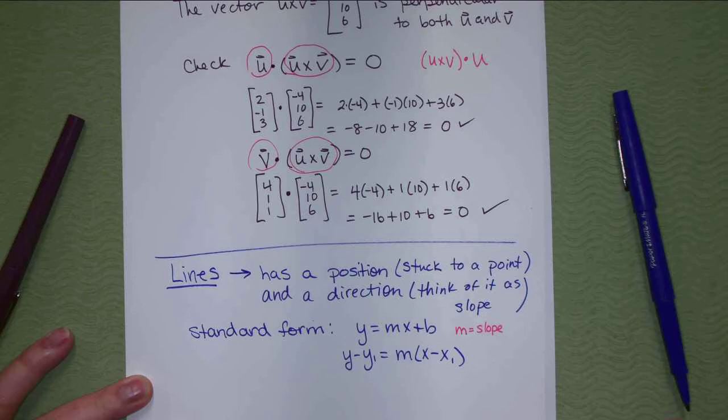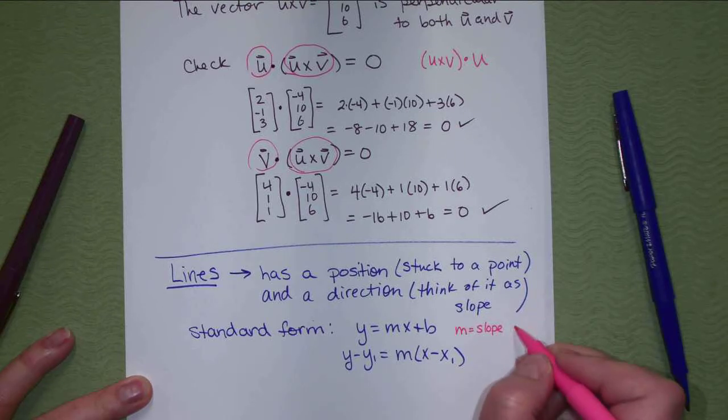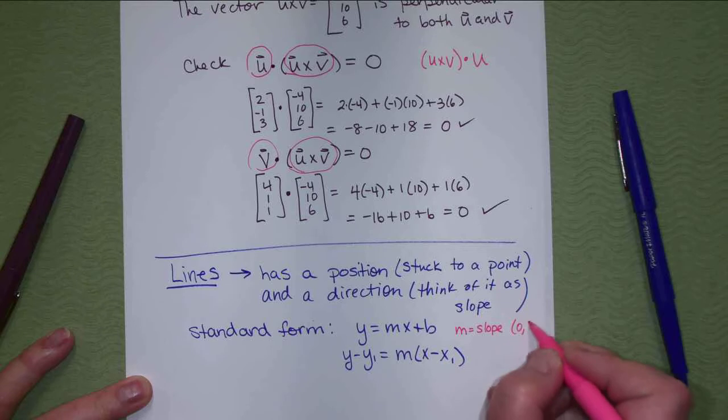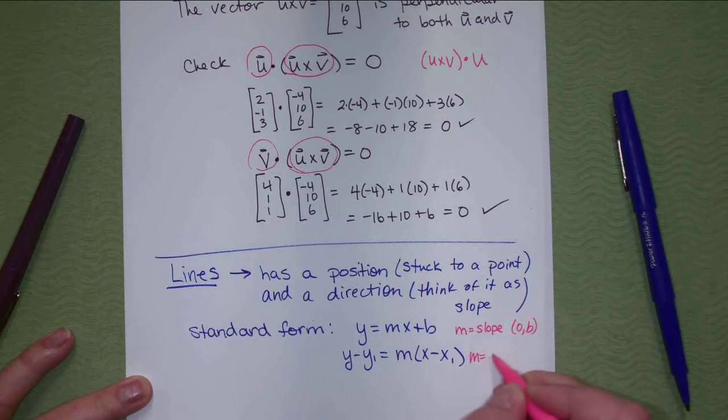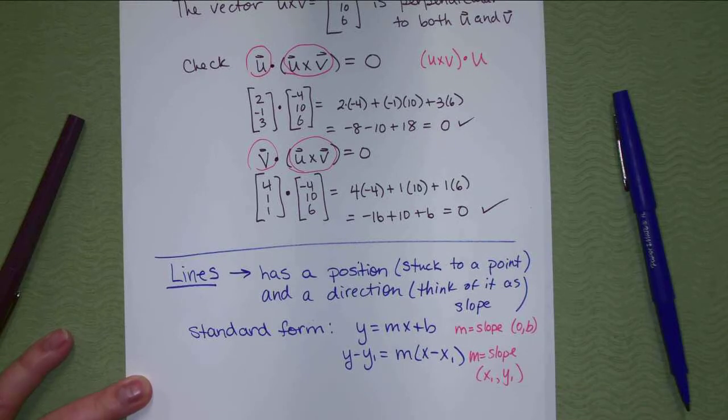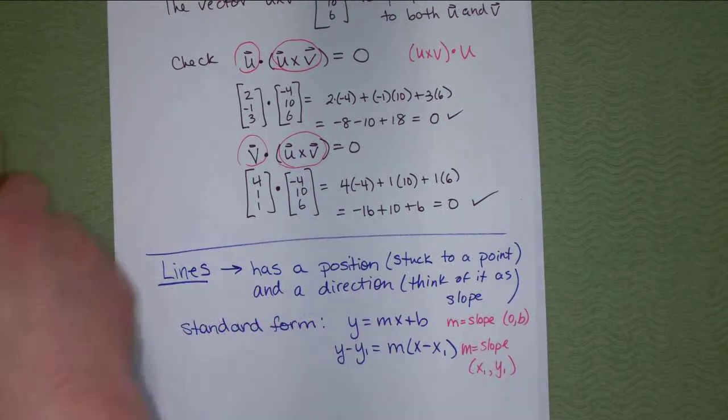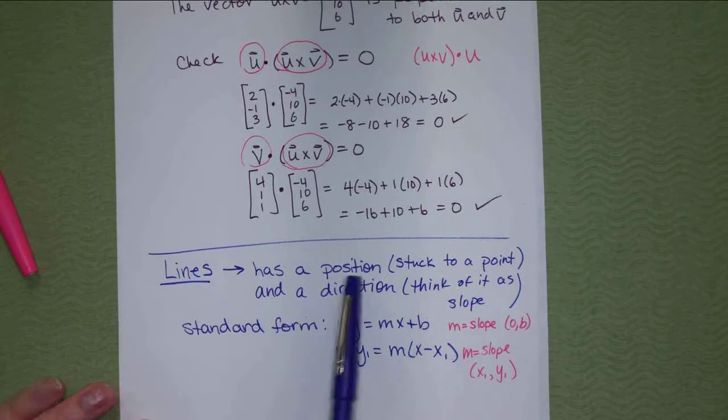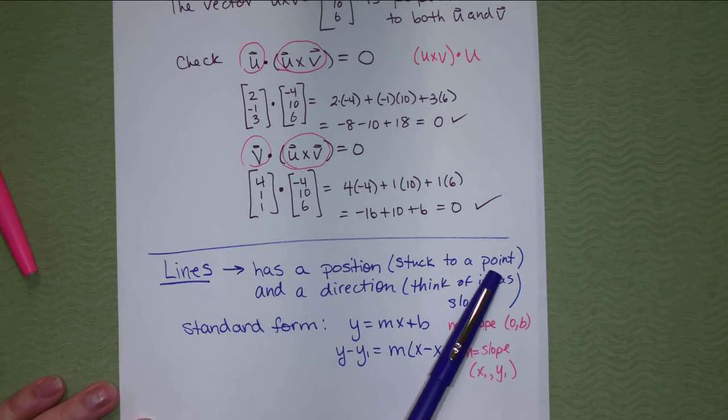Or we'll use the vector to do that, a slope and a point. Here the point is 0, b. In this form, the slope is m as well, but the point here is x1, y1. But they both have a slope and a point. So that's what this is, a position, that's the point it's stuck to in space, and a direction.